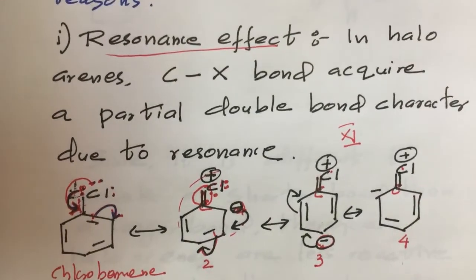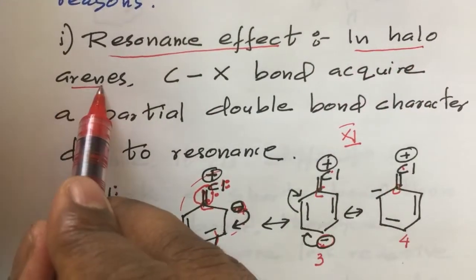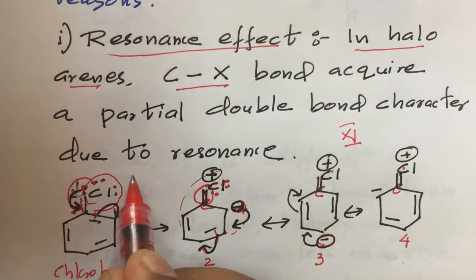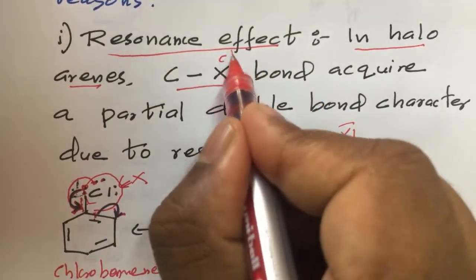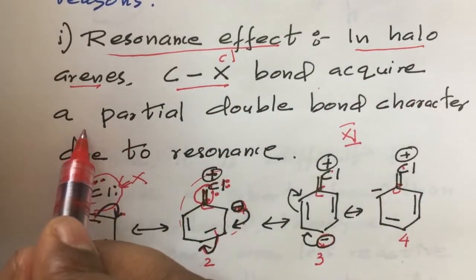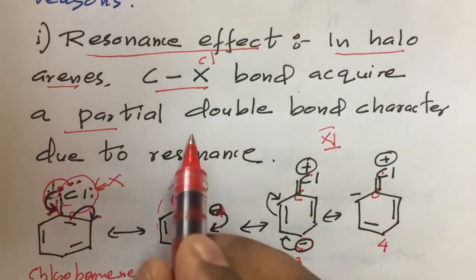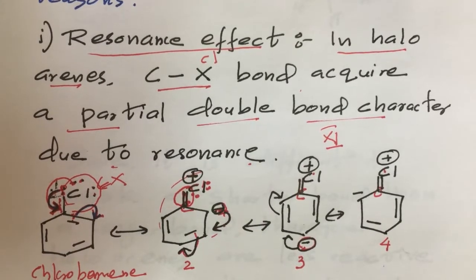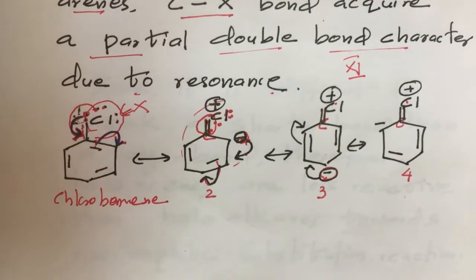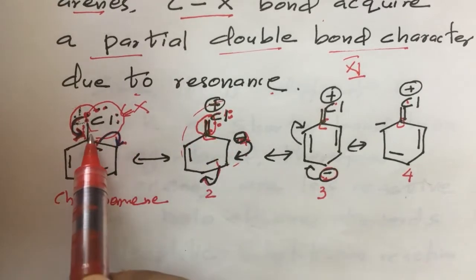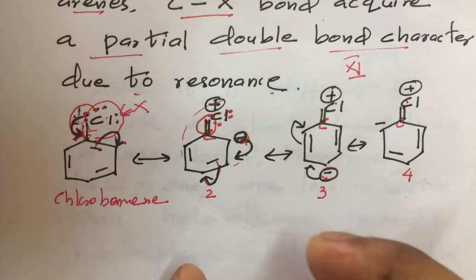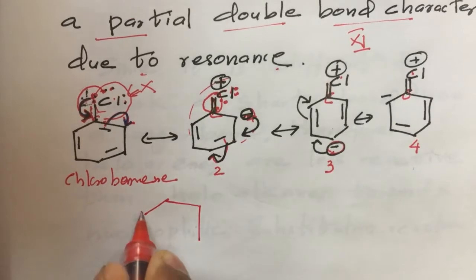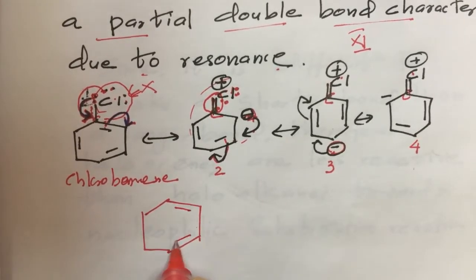So in haloarenes, the C-X bond, here X is Cl, acquires a partial double bond character due to resonance. Due to this partial double bond character, the nucleophilic substitution reaction becomes difficult. See here.